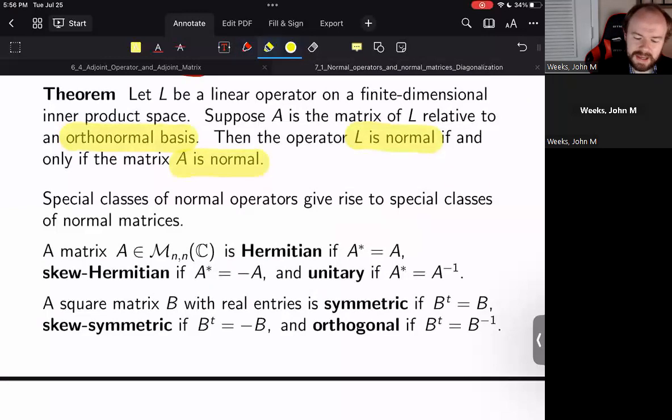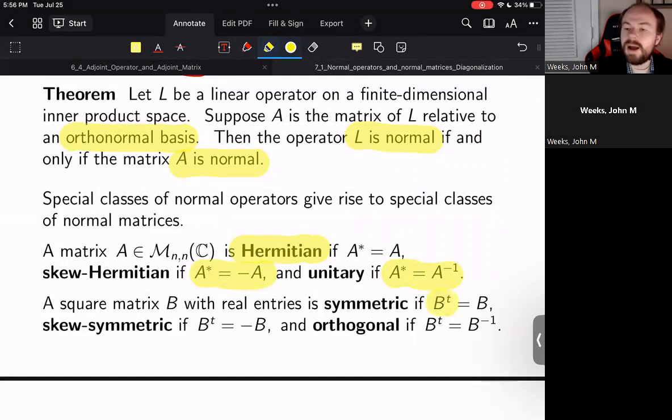A matrix A, we'll call Hermitian if A star is equal to A. That's the one that says that the adjoints are working like this. Now, the reason that this is different is that now that we could have complex numbers inside of here, taking the star, remember, has us taking the conjugate of each entry there. It'd be skew Hermitian if A star is equal to -A, and we'll keep the same name of unitary if A star is equal to A inverse. Now, if we're in real entries, taking the star is the same as taking the transpose.